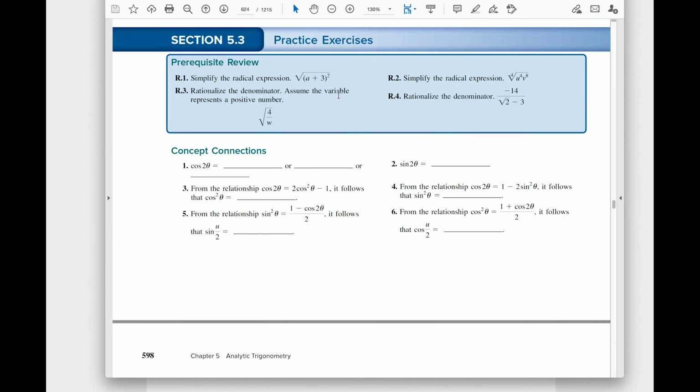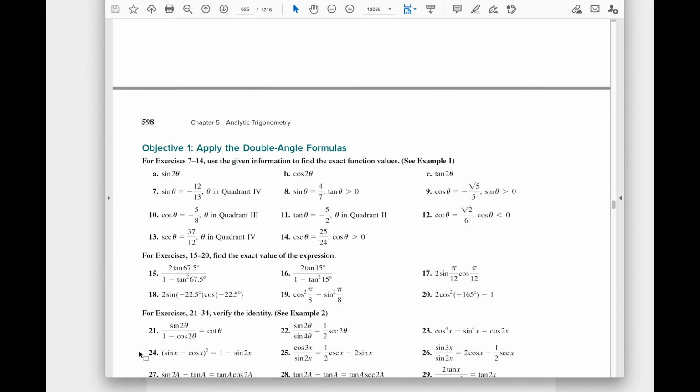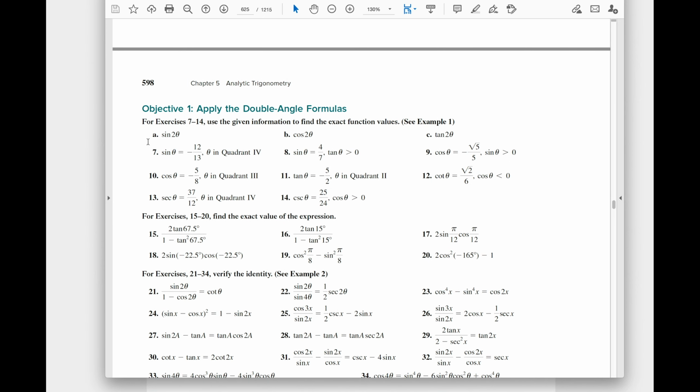This is section 0.3, on page 597, and let me do a few problems. Let me go to the next page. Let me do one of these problems from 7 to 14. How about doing 10?